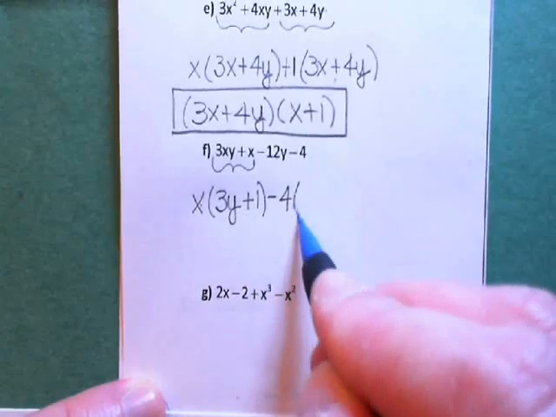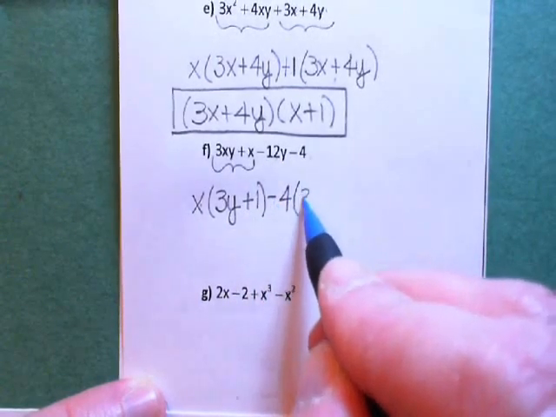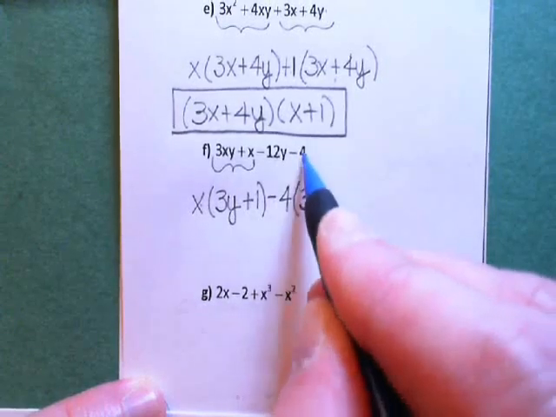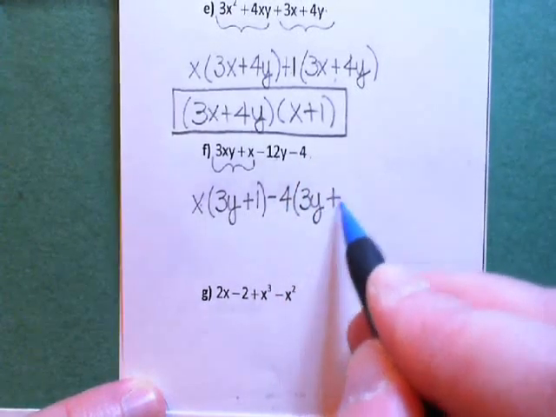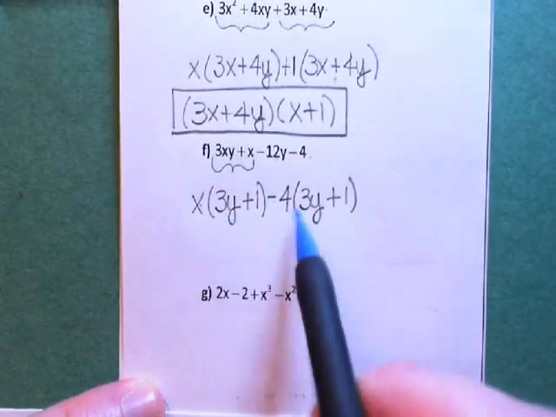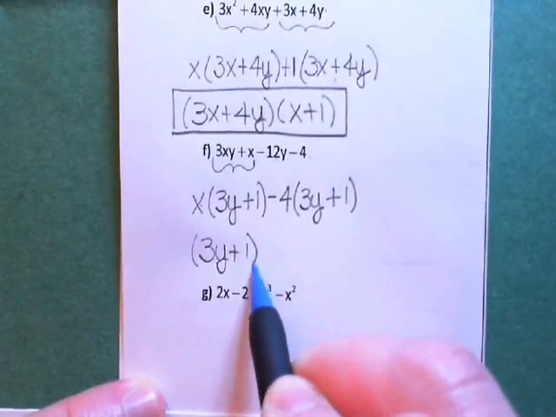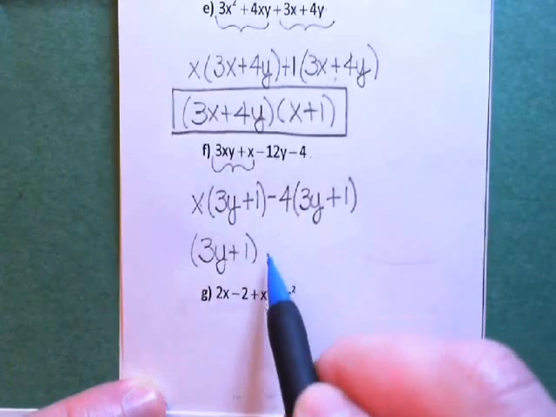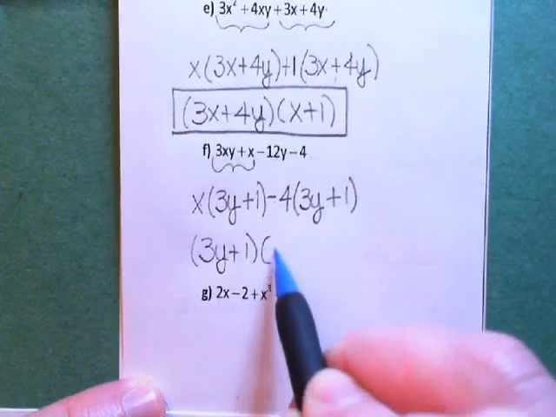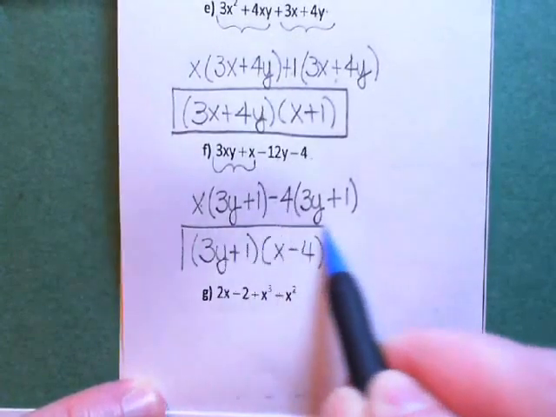The answer is a 4. Negative 12y divided by negative 4 is 3y, and negative 4 divided by negative 4 becomes a positive 1. Now what do they have in common? 3y plus 1. And if I remove the 3y plus 1, what do they have left? They have left x minus 4. And that's my answer.